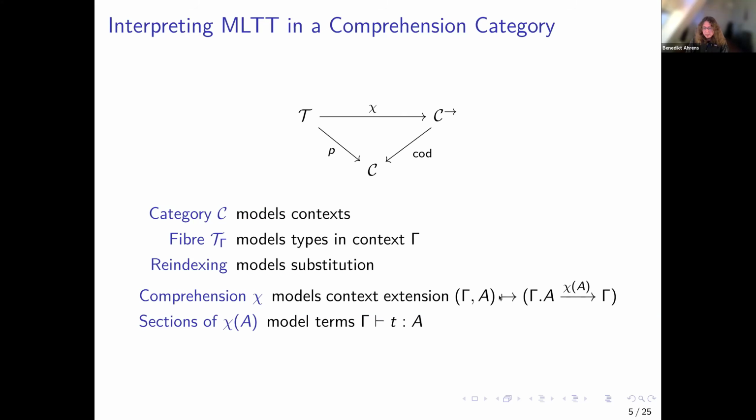And we send the pair Γ, A to the extended context Γ.A and a context morphism from the extended context Γ.A down to Γ. And then, kind of indirectly, we model terms. If t is a term of type A in context Γ, then such a term is modeled as a section of the projection from Γ.A in the category C.